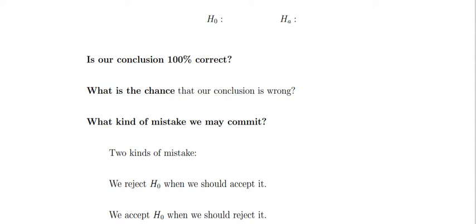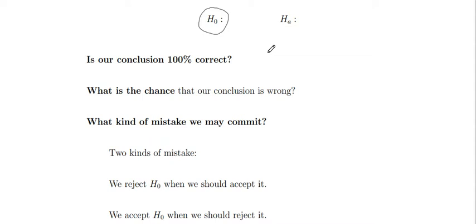So what kind of mistake can we make? Actually, we just focus on H0, the other people's claim. For the other people's claim, we can accept it, or we can reject it.